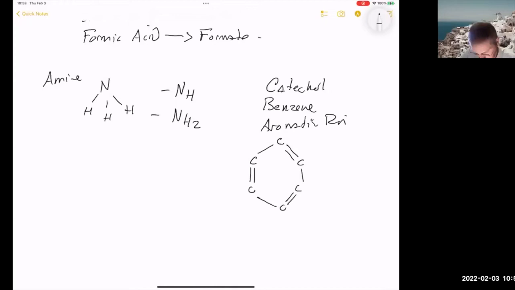It's called a resonance structure. That's called an aromatic ring, or a catechol ring, or benzene. This is very nonpolar, and you can add different functional groups to it. For example, I can make a very important molecule called a catecholamine.